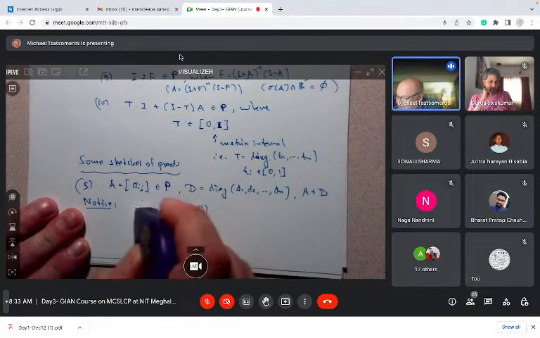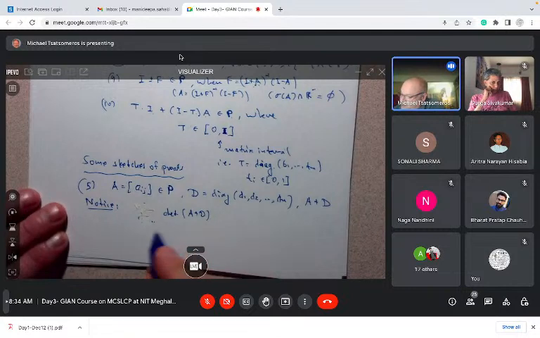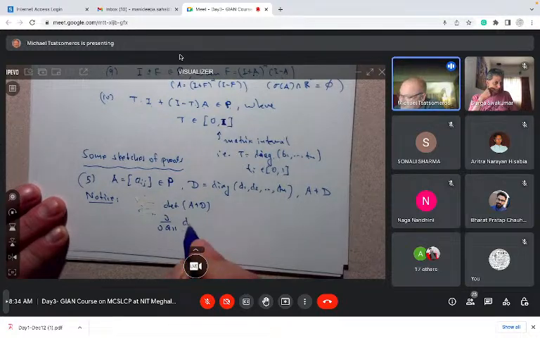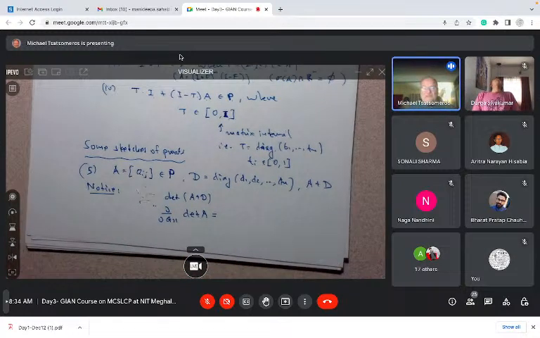I will find the derivative with respect to the 1,1 entry of the determinant of A, right? So think now of the expansion of the determinant of A, the Laplace expansion, across the first row.